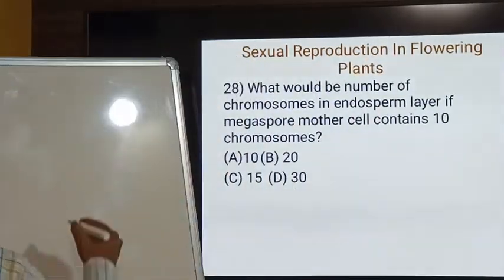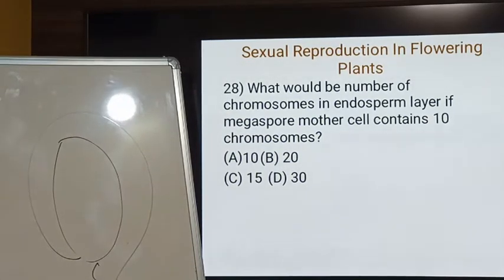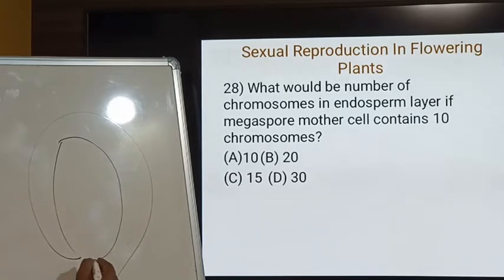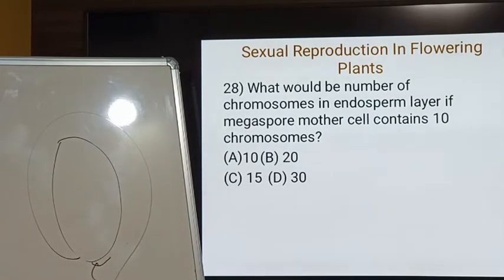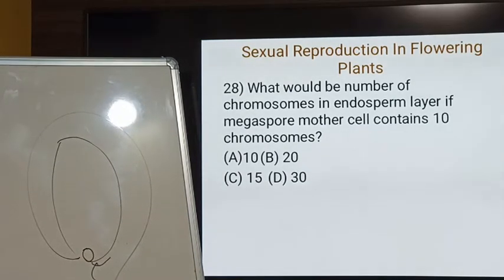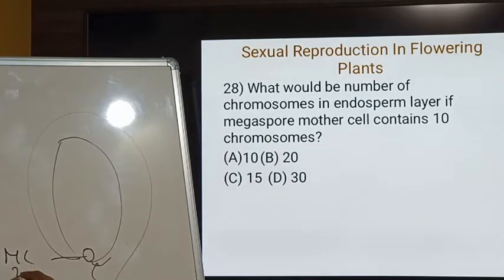See, inside the ovule there is a nucellus. A single cell present towards the micropylar end of the nucellus develops into the megaspore mother cell, which is diploid.